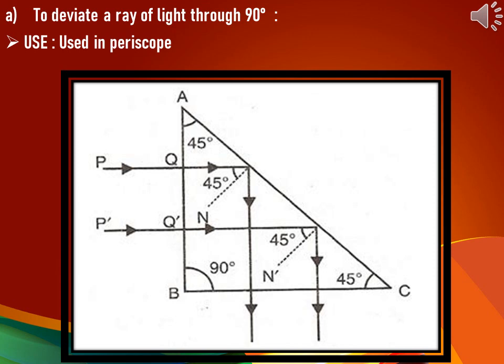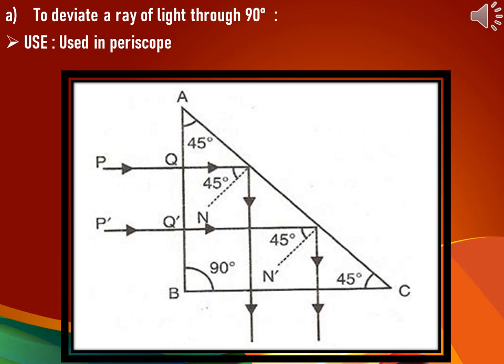Therefore, the beam of light suffers total internal reflection at the face AC because the angle of incidence is greater than critical angle. The reflected beam inside the prism then strikes the face BC, where it is incident normally and therefore passes undeviated.